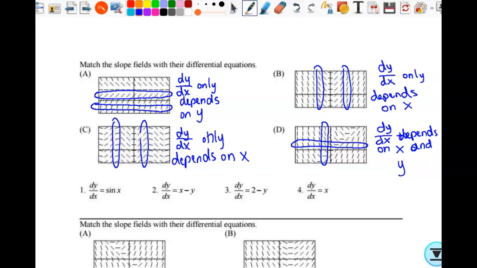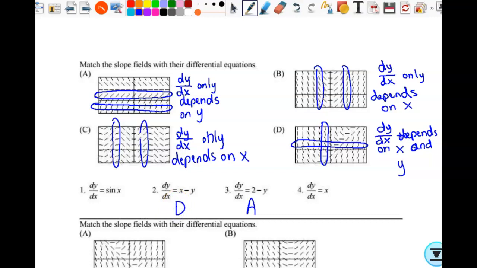Which differential equation goes with A? 3, because I only have one differential equation that depends on y only. So this would be A. D is the only one that depends on both x and y, so D would have to be matched with 2.